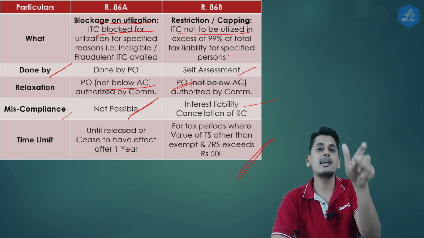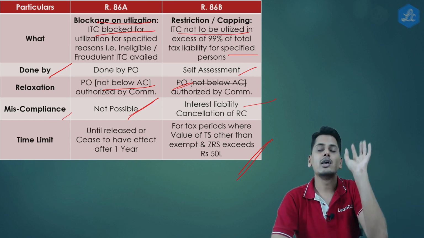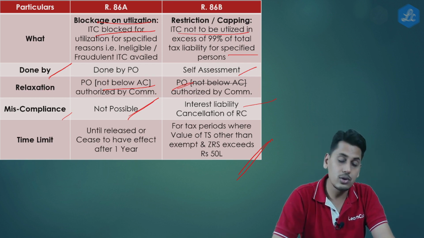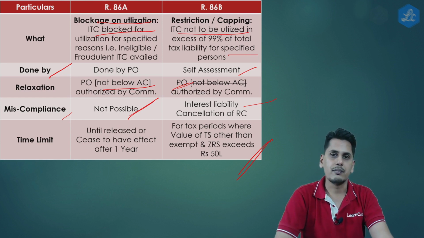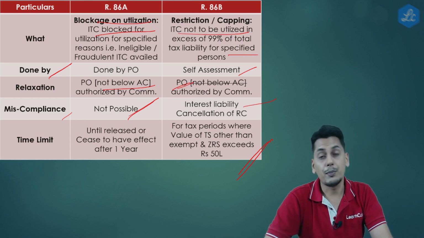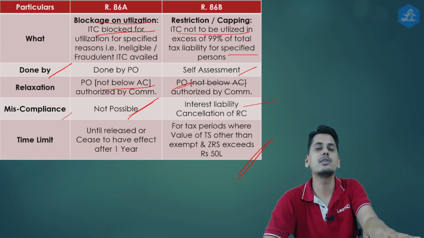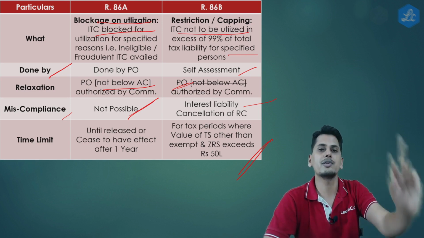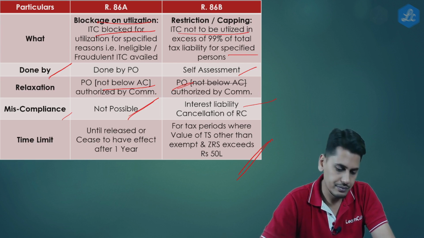For the delay in depositing the tax through your electronic cash ledger, you will have to pay interest, and also your registration is liable to be cancelled. Under section 29, the proper officer can suo motu initiate cancellation of registration, and one of the reasons why the proper officer can do so is violation of the provisions of Rule 86B.